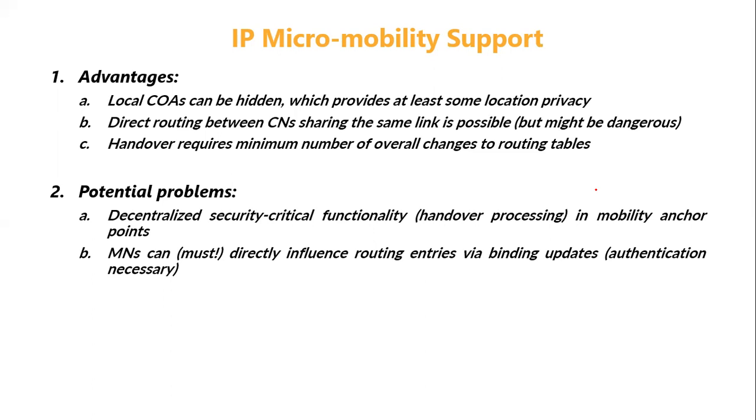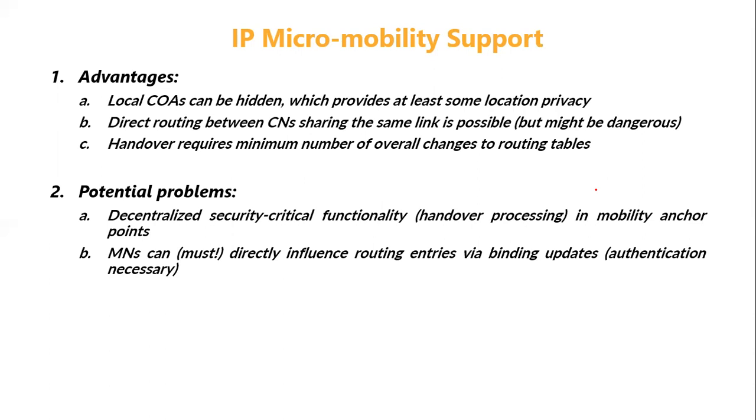Whenever the mobile node moves from one access router to another, it will send a binding update, and based on that binding update, the routing table is getting updated. So somebody else, for attacking purposes, may send a binding update pretending to be some other node, and they may change the routing table. So these are the potential problems that may happen with this technology.